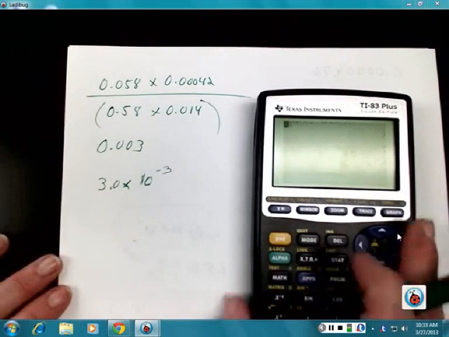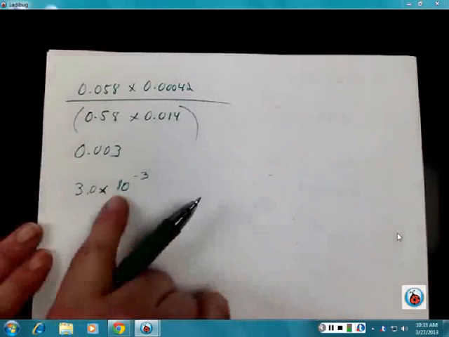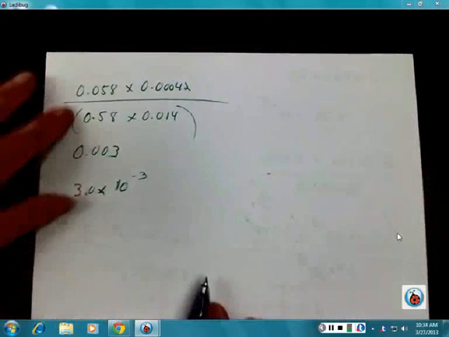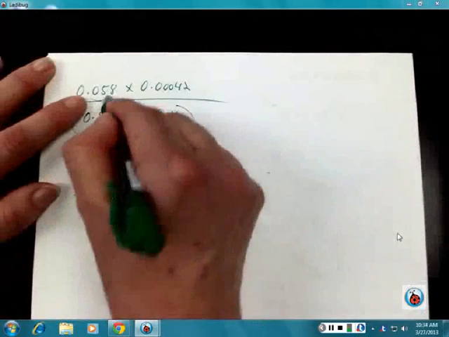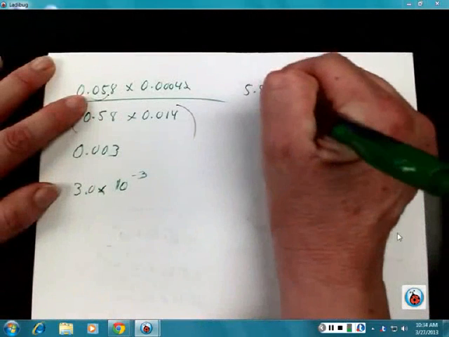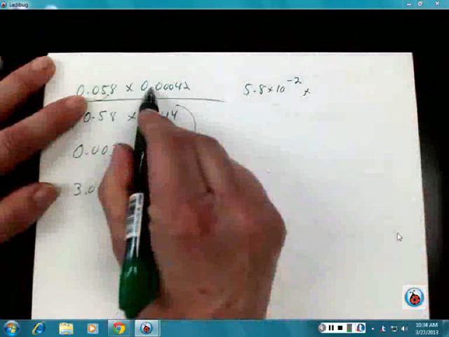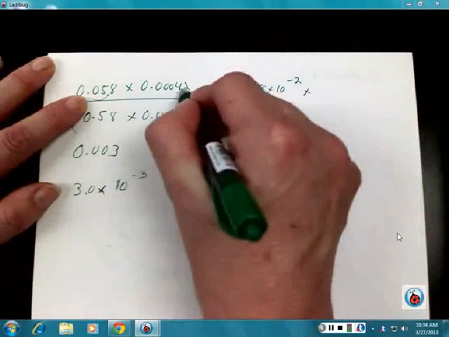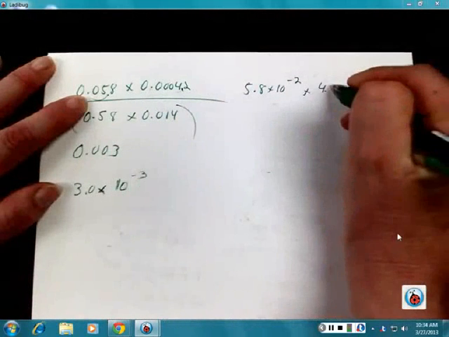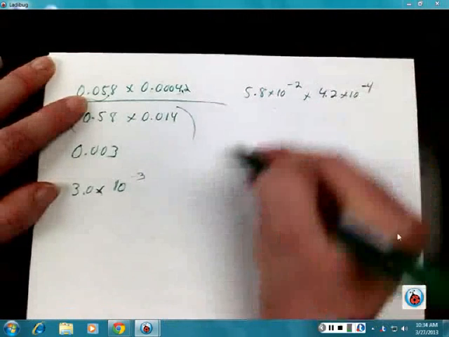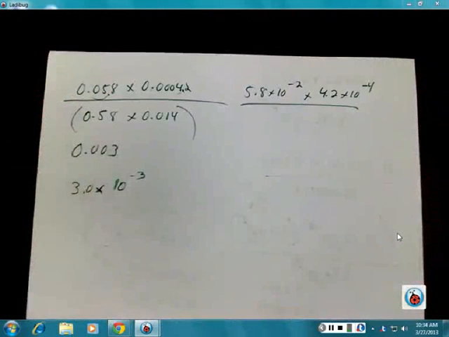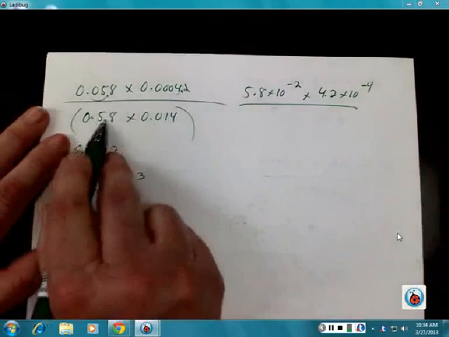So if we did it without putting it in your calculator, the way we just did this, I just put it in scientific notation, so I have 5.8 times 10 to the negative 2nd. Move this back 4 spaces. Move this back 1 space.